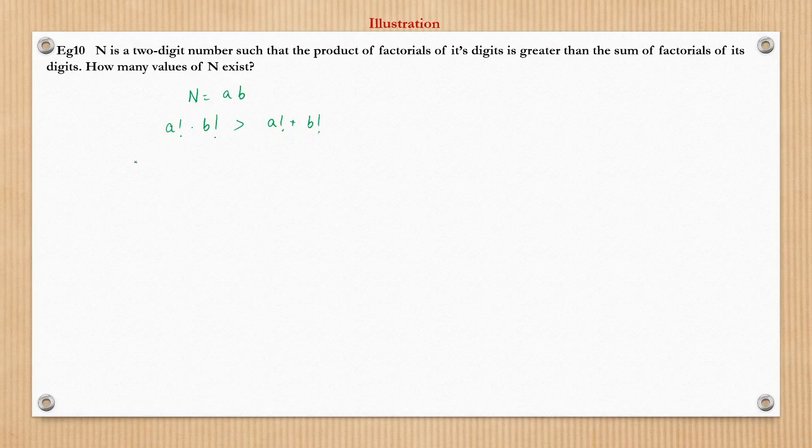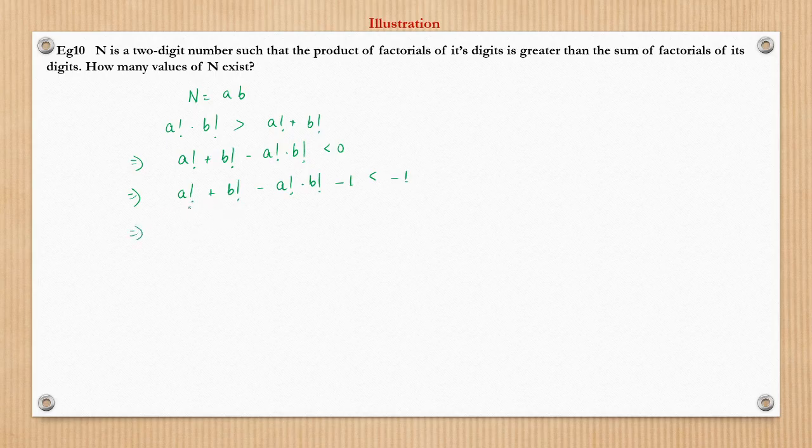Now see, we will just rearrange this. So I can write it as a factorial plus b factorial minus a factorial into b factorial less than 0. Further, I put minus 1 on both sides of the equation, so it would not make any difference.